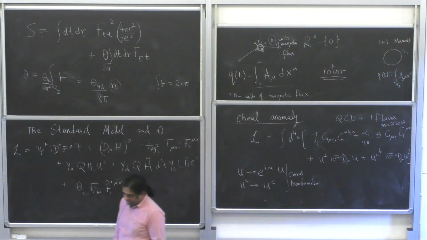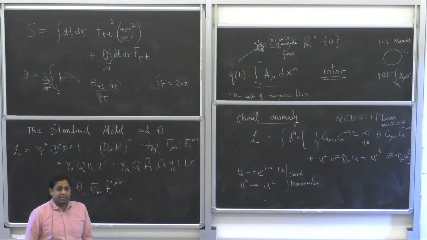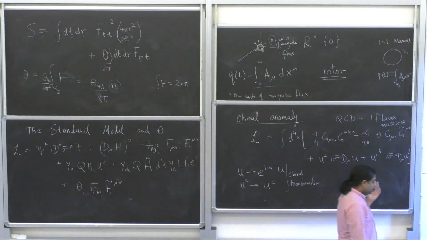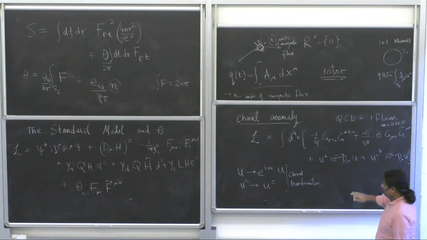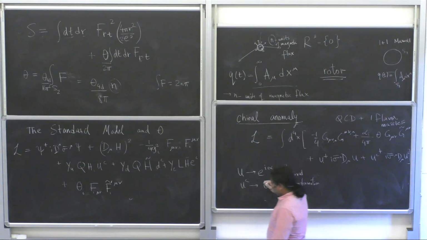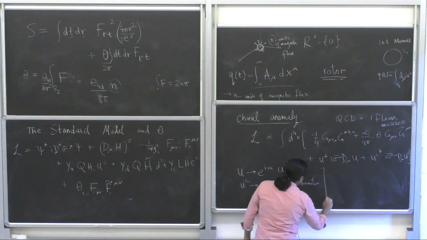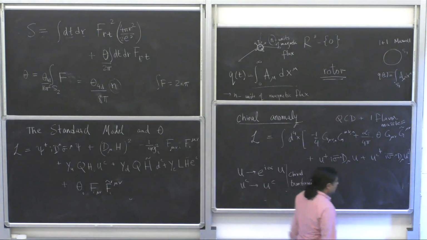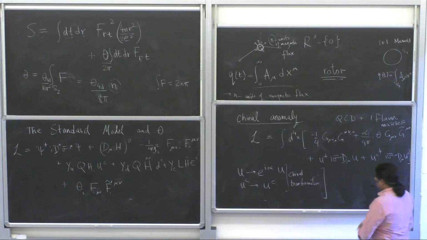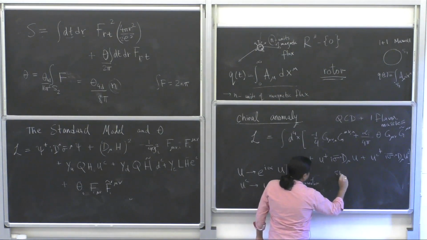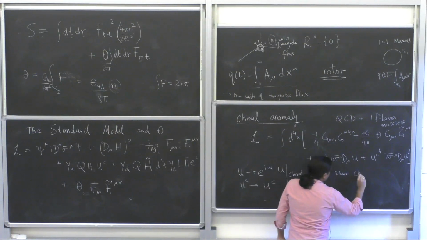There are various ways of thinking about anomalies, either using triangle diagrams or using the variation of the measure under this chiral transformation, the Fujikawa method. All of these are ways to show that a chiral transformation is anomalous. So I guess the exercise is to show the chiral transformation is anomalous.